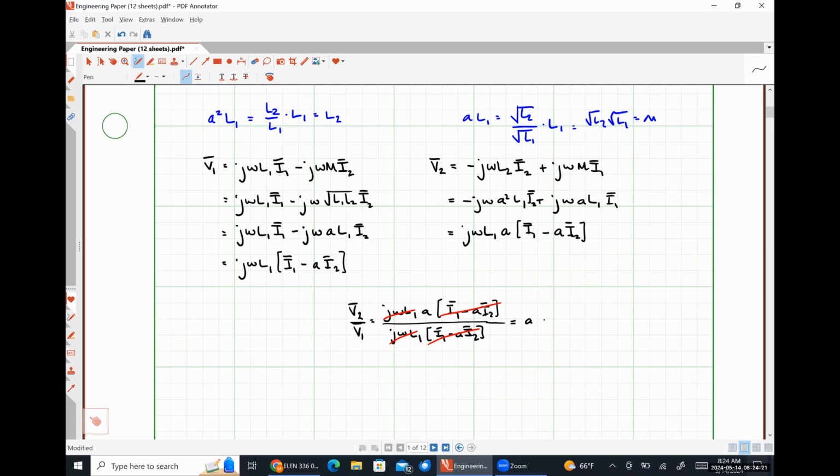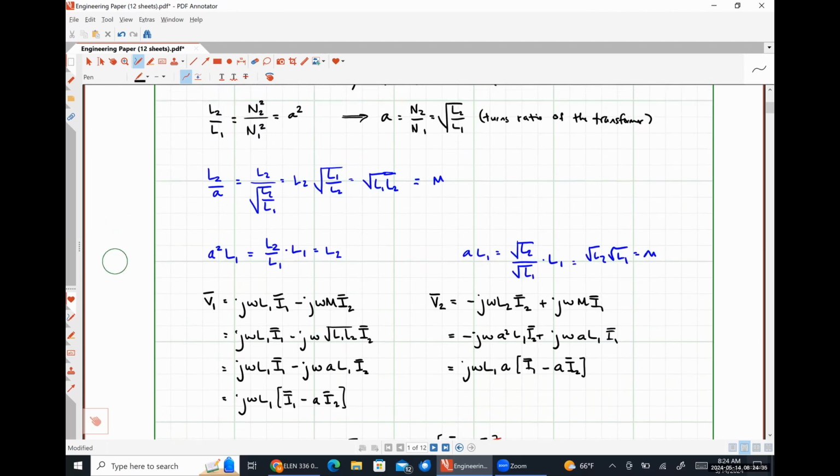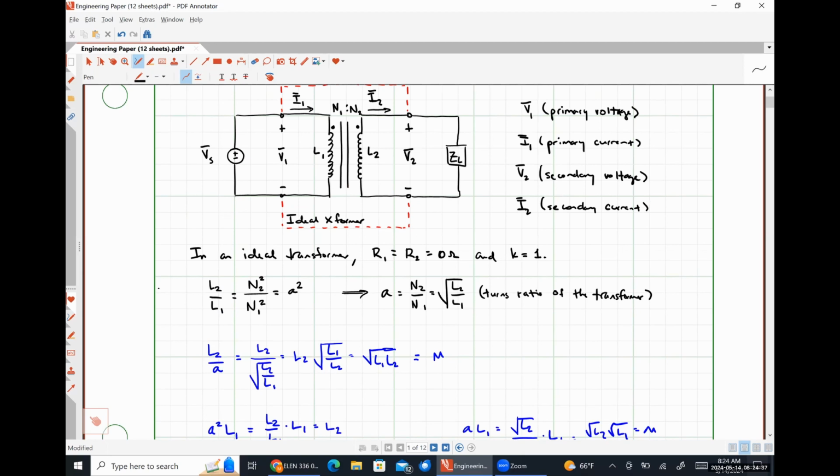So that is a fantastic question. So what Baylor asked was, is this result always A, or did it just happen to be A for this case? So if the positive polarity terminal of both voltages is at the dot, it will always be this. If we put the positive polarity terminal of one of them at the not dot, it will come out to be negative A. The direction of the currents is completely unimportant.